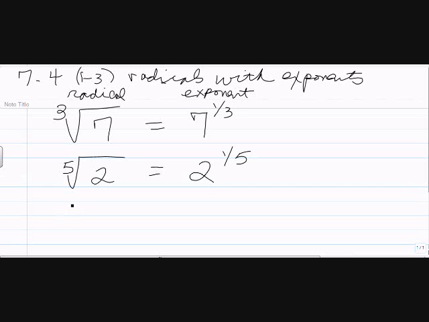If I have the 4th root of 7 to the 3rd power, that 4th root becomes the denominator of the fraction, and that 3rd power is the numerator.